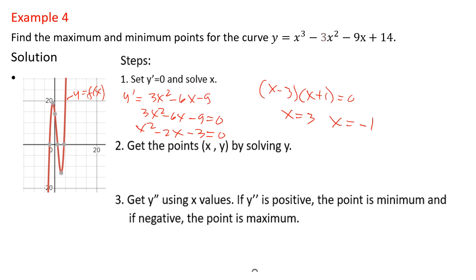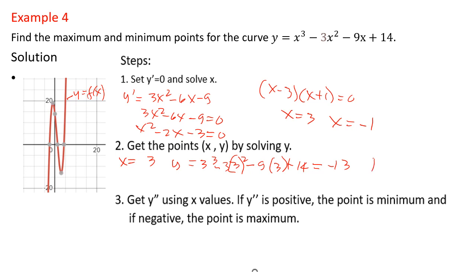So get the points. When x equals 3, y equals 3 cubed minus 3 times 3 squared minus 9 times 3 plus 14, which equals minus 13.